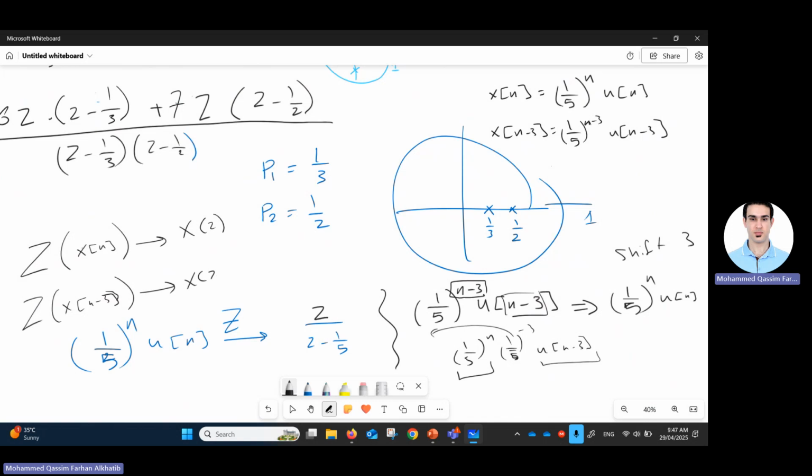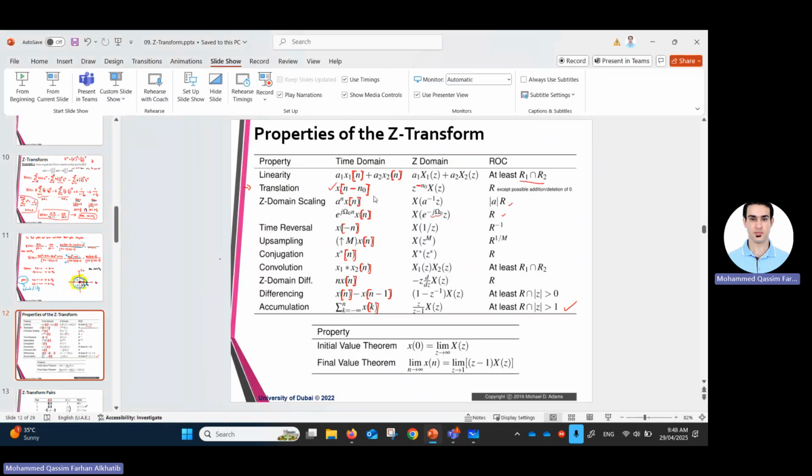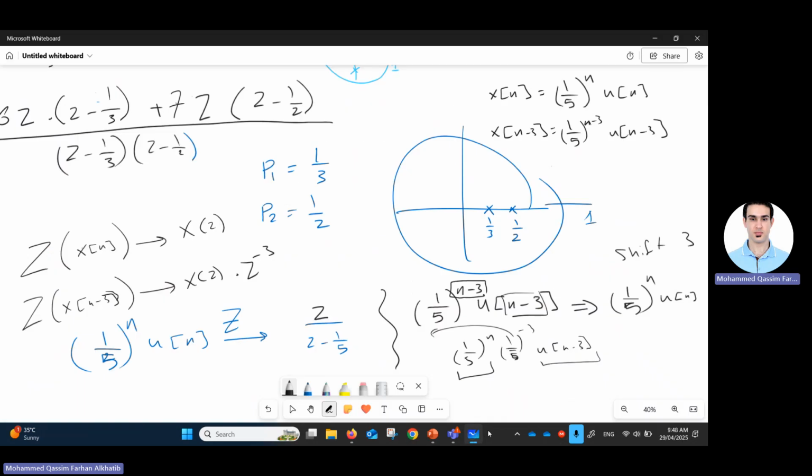X of z times z to the negative 3. By using that property, you shift by a certain constant n naught, you obtain the same transform, but you scale it with z to the negative n naught. So I go back here. I made the shift by 3, then I multiply by z to the negative 3. Now, where is X of z? This is the expression.